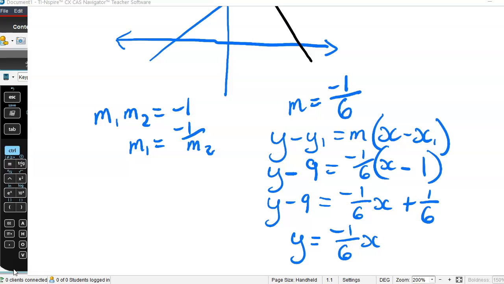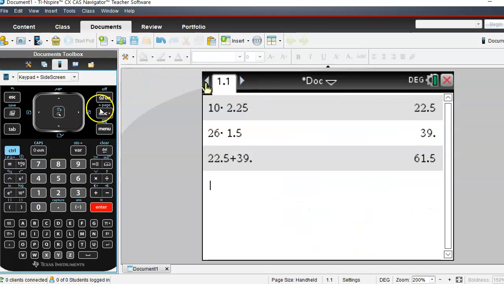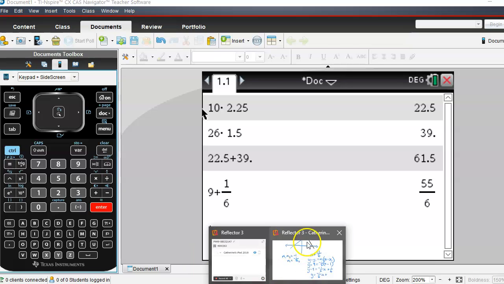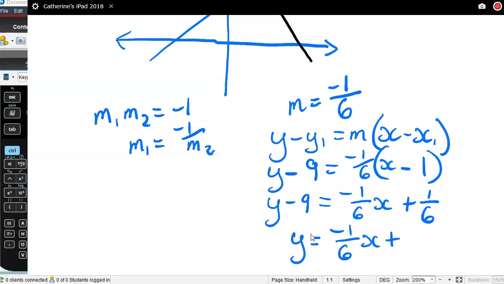Now I've got to add 9 to 1/6, so I'll get my calculator to help me do this. So 9 plus 1 on 6. So that's our improper fraction, or 9 and 1/6. Oh, I might actually have that as an improper fraction there. 55 on 6. Okay.